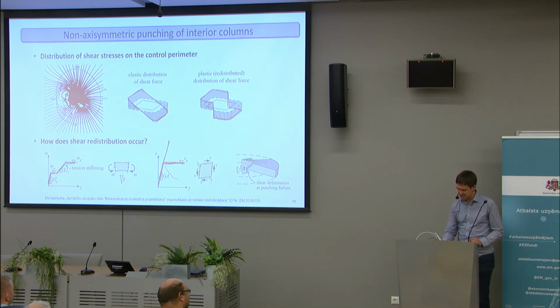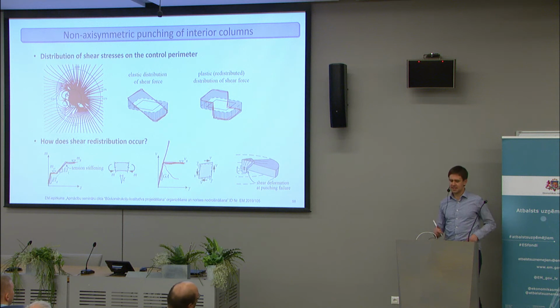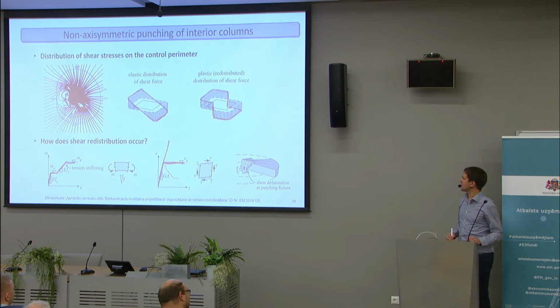So it seems that this approach in Eurocode is actually physically correct. Although it doesn't seem right to redistribute shear forces in a plastic manner, because we know that shear failures are brittle, still the stress can be redistributed quite plastically.